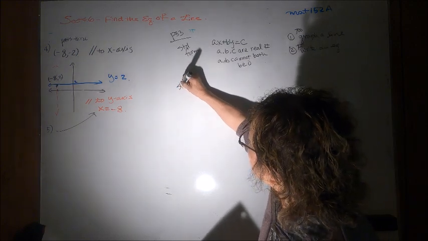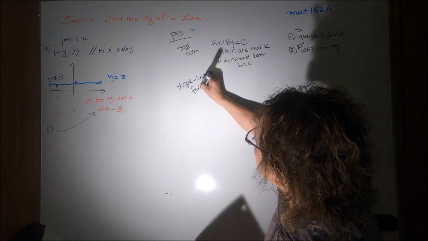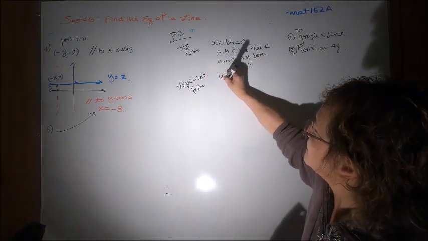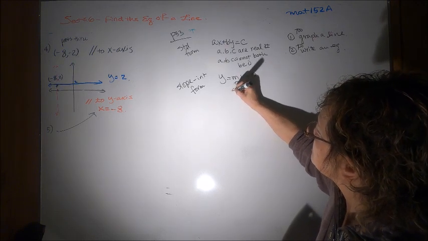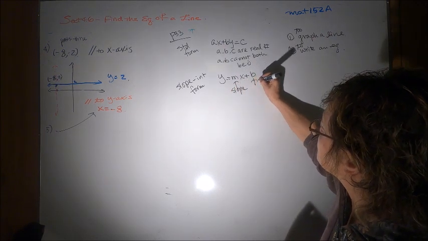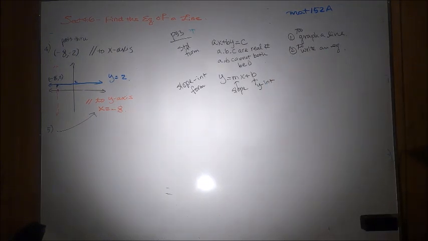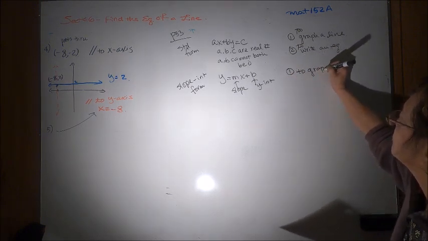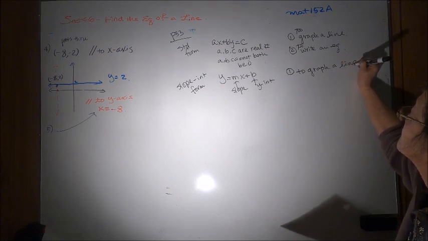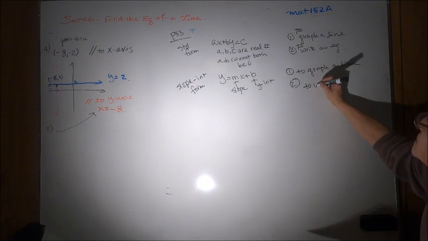So we also learned another form, slope-intercept form. How does it look? Y by itself, right? Y = mx + b. M is your slope, and b is your y-intercept. Okay, so with this one, same thing, we can use it to graph a line, and also to write the equation.